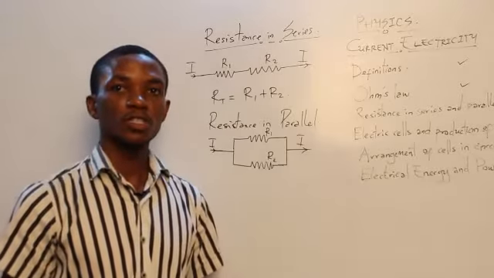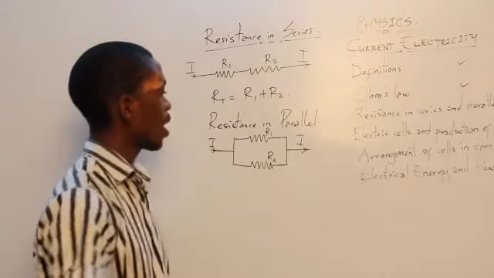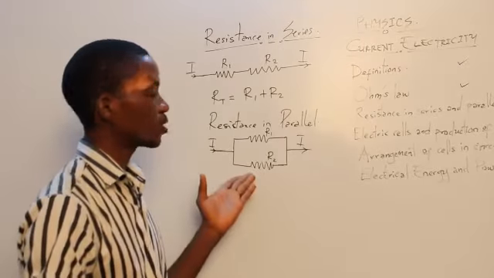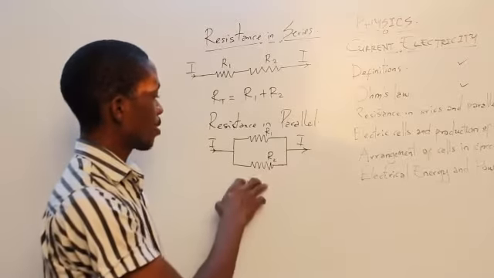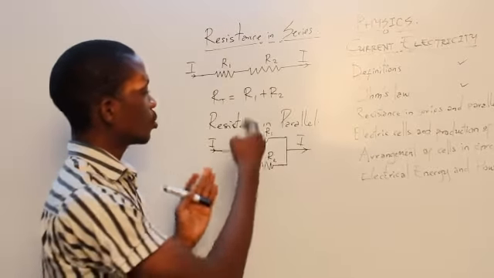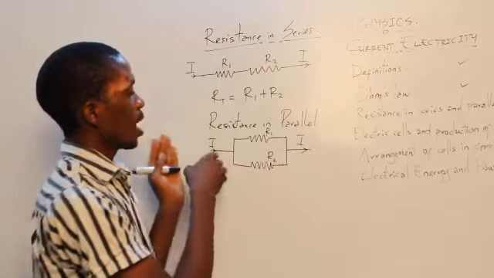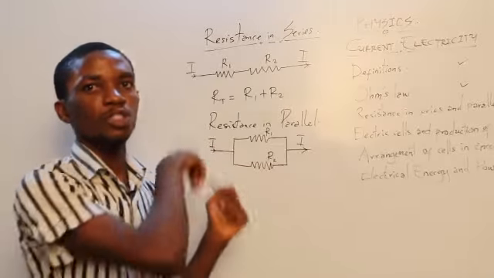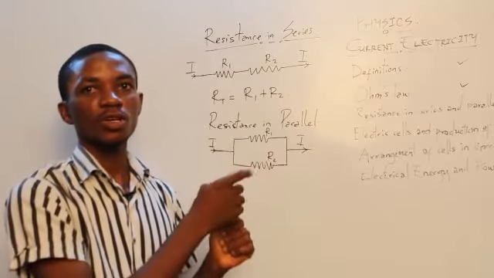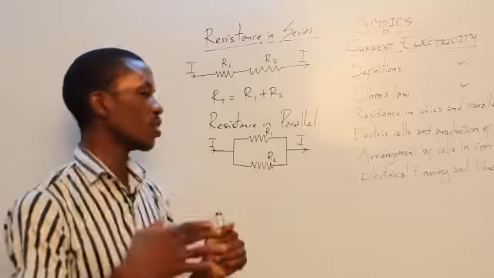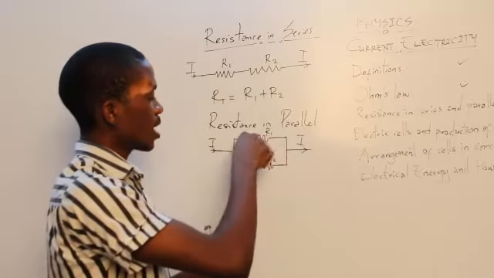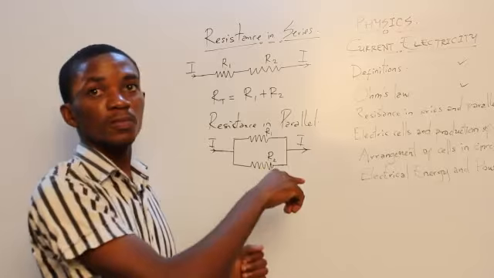But in parallel connections, as we have in this diagram down here, we see the two resistors and they are like bridged together, connected to each other, and then the current is being supplied in between them. Now, the currents can flow into this and can flow into this.